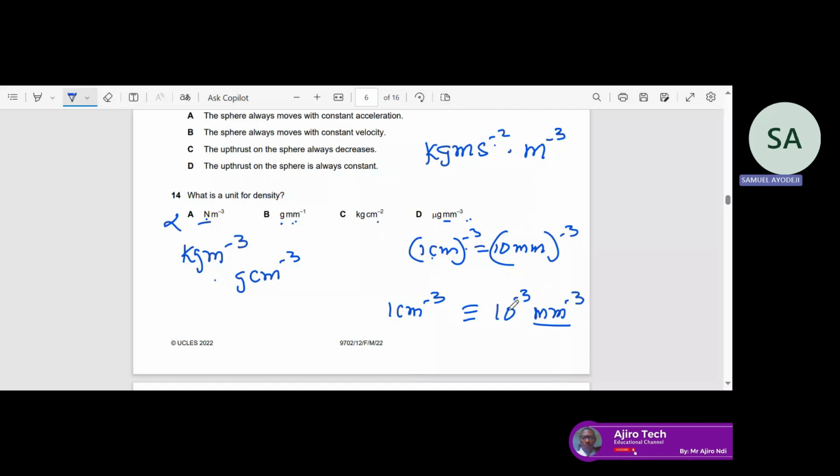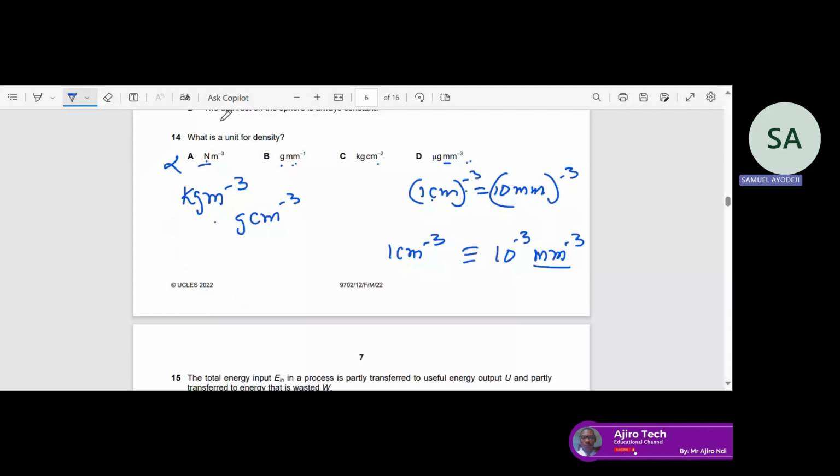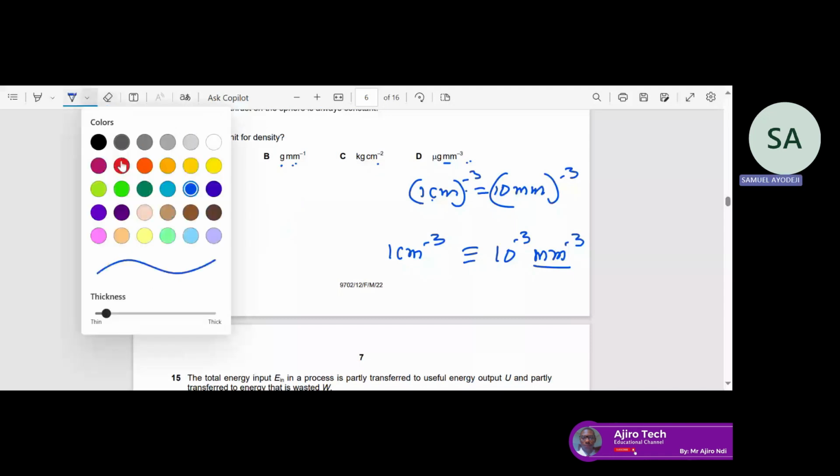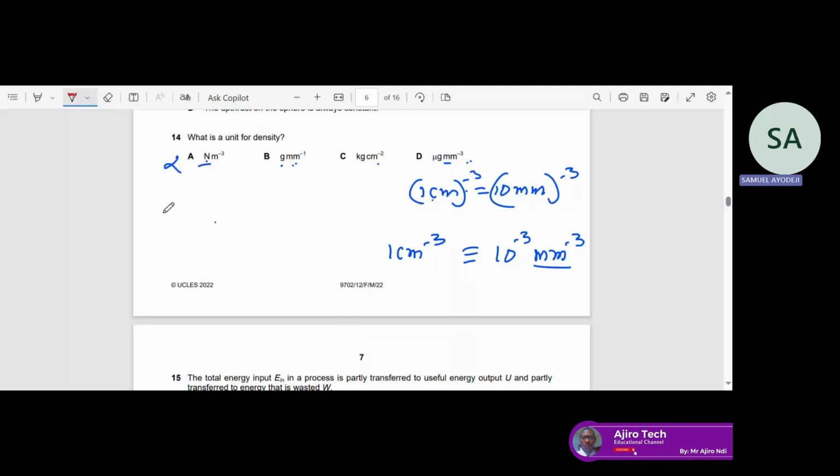So I can now have from here. All these are normal, just simple mathematics that we can work around with. So with this, I can say millimeter is equal to centimeter divided by minus 3.